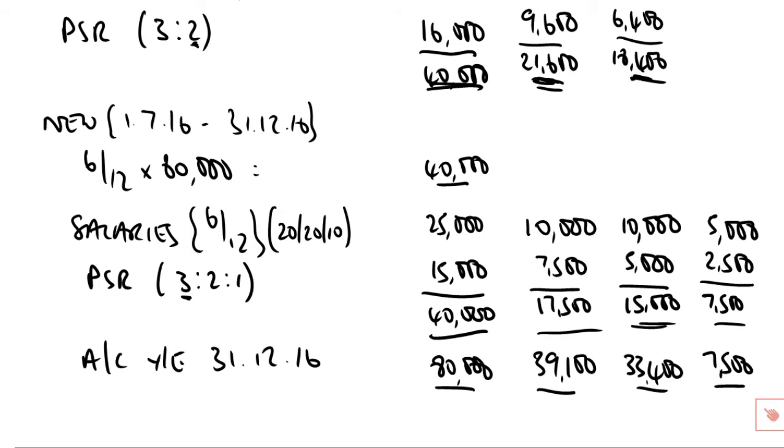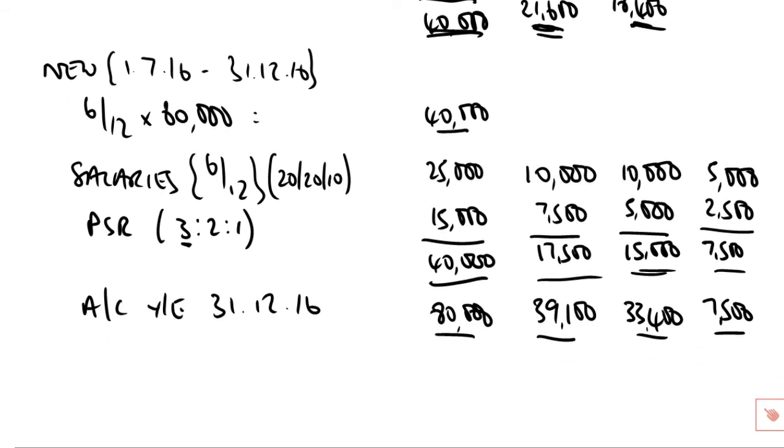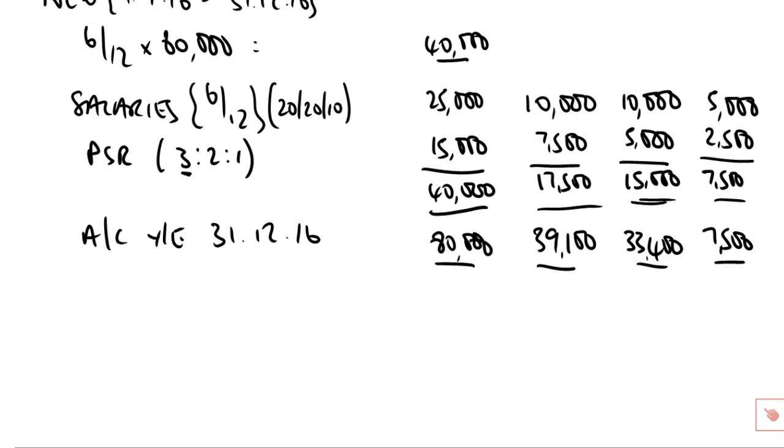Now, a very easy exercise that I would like you to perform here is, having dealt with the accounting year ended 31st of December 16, I'd like you now to deal with the accounting year ended the 31st of December 17. Now that's entirely on the new agreement, so all of the 100,000 is split using one agreement. That's the one that we've got, with the salaries 20/20/10 and the PSR 3 to 2 to 1. So pause at this point in time, do that and get those figures.